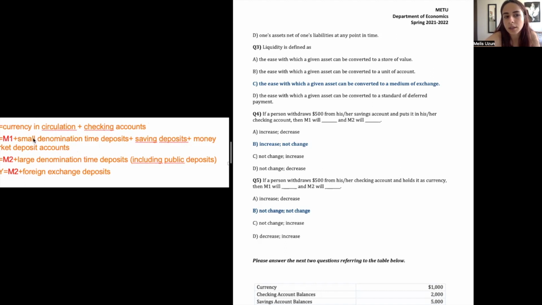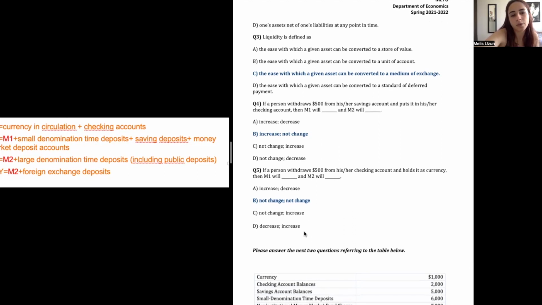So M1 and M2 don't change because they are equal to currency in circulation plus checking account. This person just withdraws money from the checking account and holds it as currency in circulation. So nothing changes for M1 and M2.